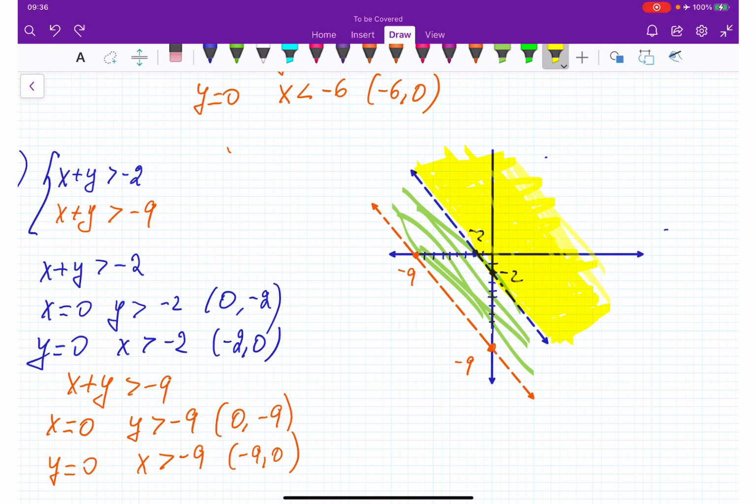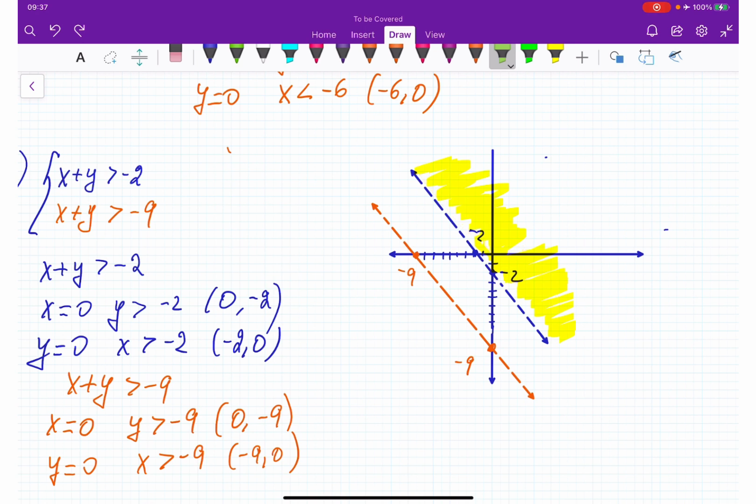So this, as it will approach to negative 2, then it will go as a, right? The common area for, let me see, I want to get rid of this. Okay, leave it clean. So it's going to be your solution.